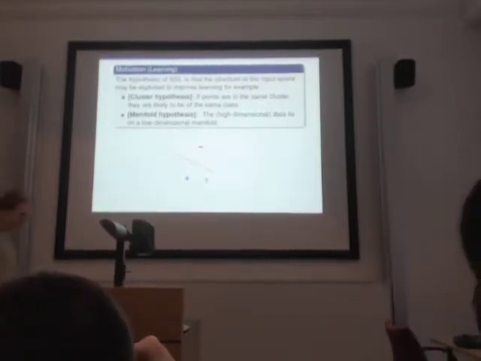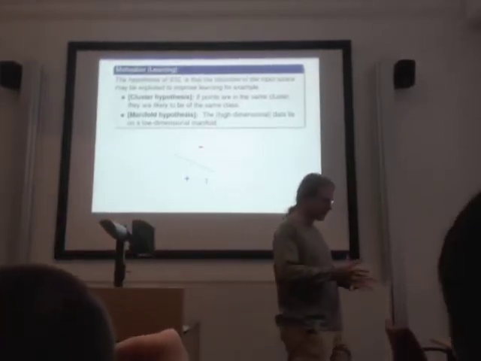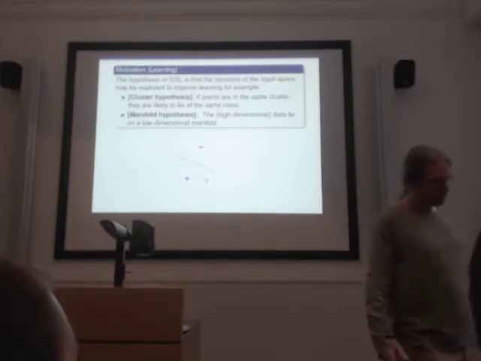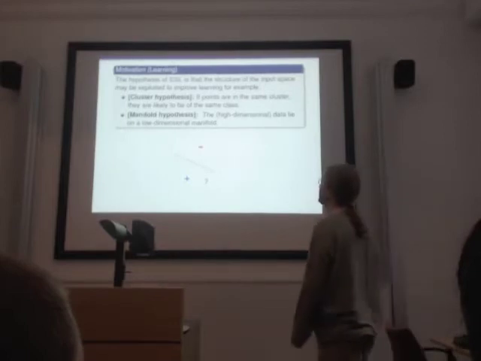If points are kind of in a cluster, whatever a cluster should be, well then it makes sense to label them the same. And maybe if the unlabeled data forms clusters, maybe we should be guided a little bit by the unlabeled data in a smooth fashion.